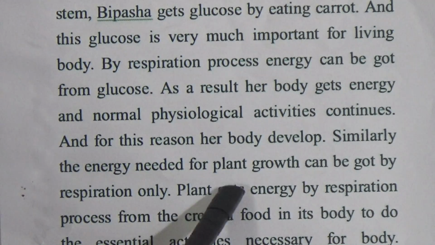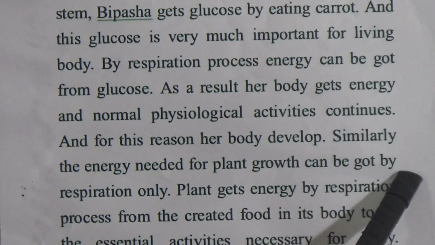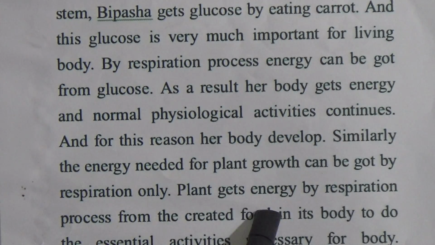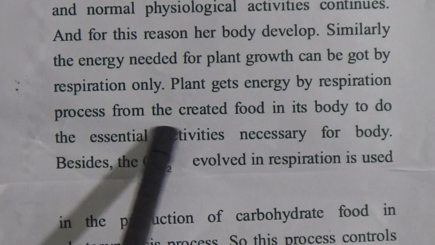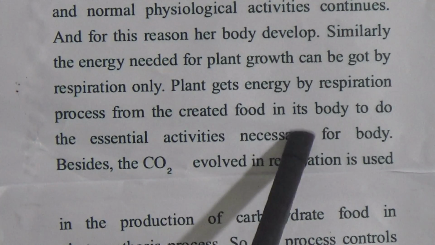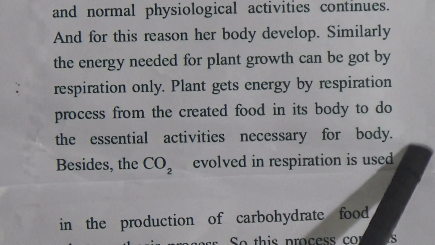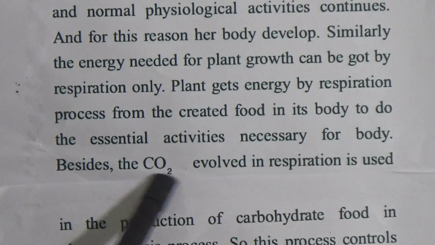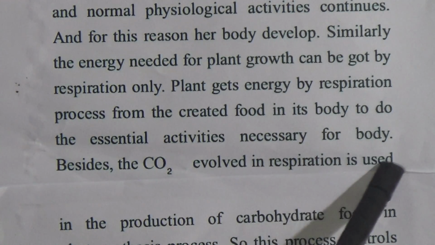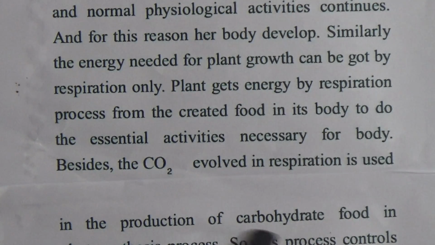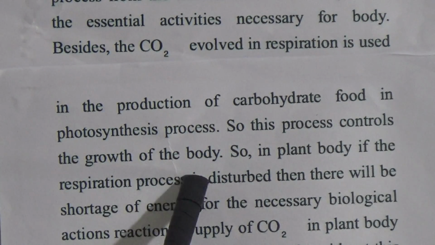Similarly, the energy needed for plant growth can be got by respiration only. Plants get energy by respiration from the food created in the body to do the essential activities necessary for the body. Besides, the carbon dioxide evolved in respiration is used in the production of carbohydrate food in the photosynthesis process. So, this process controls the growth of the body.